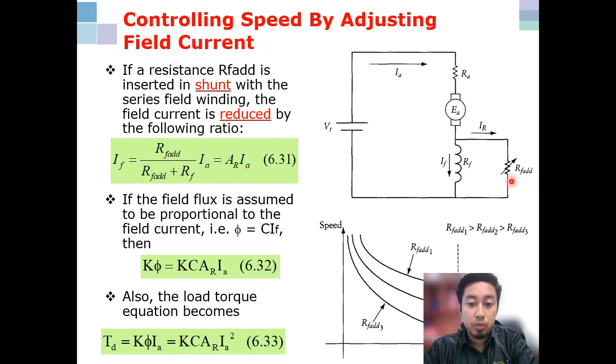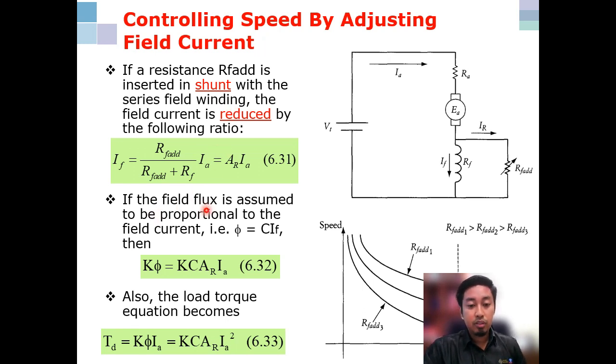So you add the RF additional here to adjust the field current. If you want to adjust the field current, you must add the additional field resistance here, put in parallel. In this term, we insert a shunt, but actually shunt means parallel.